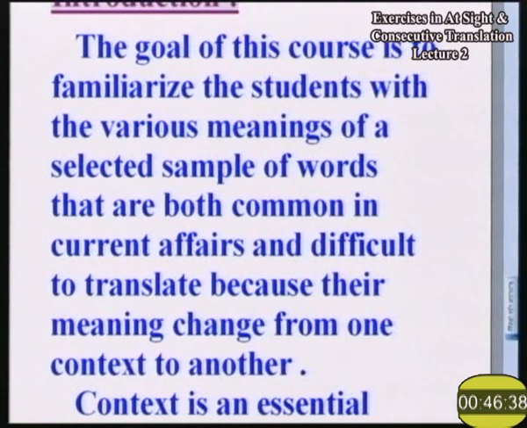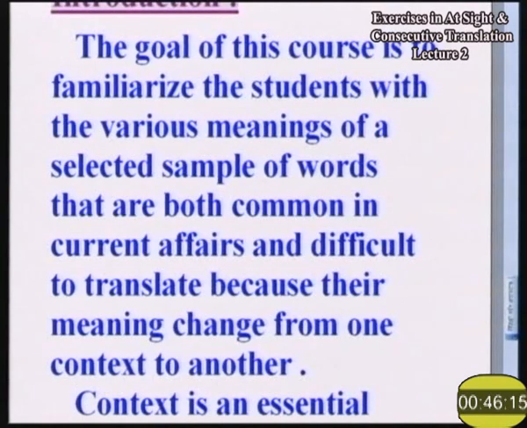That is, we are going to deal with a sample of words that are selected in order to discuss them. They are very much available in current affairs and everyday news, and at the same time they are difficult to translate because they are used in various contexts. This context makes the meaning differ.